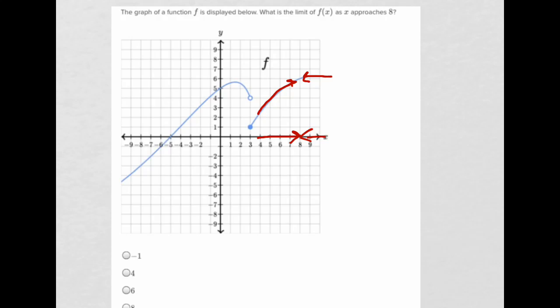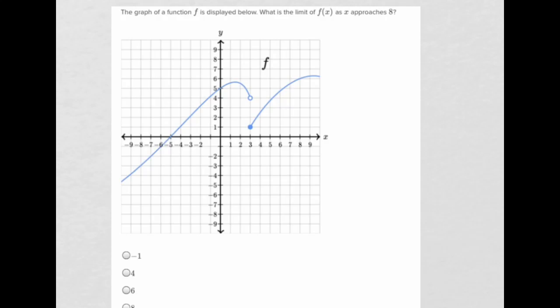That's what a limit is. And it looks like the answer would be 6, because the function is getting closer and closer to 6 for the y value as the x value is approaching 8.